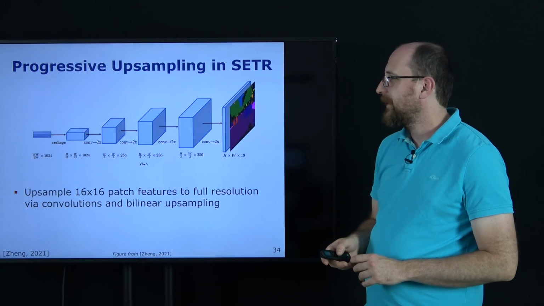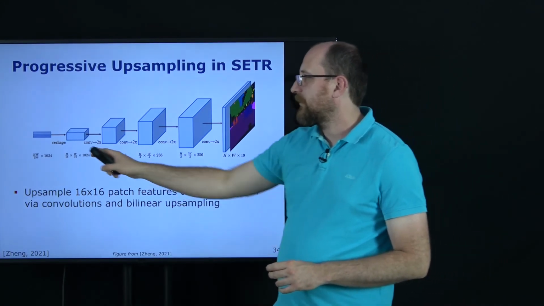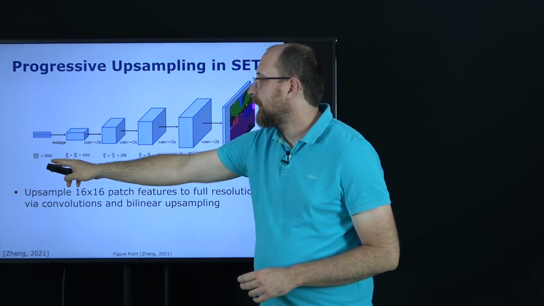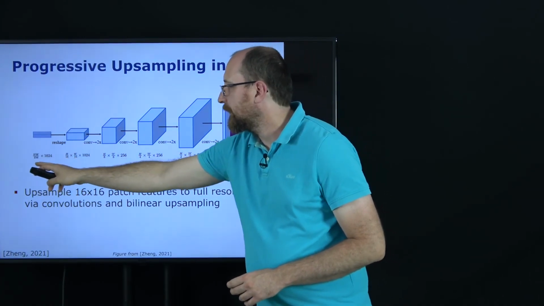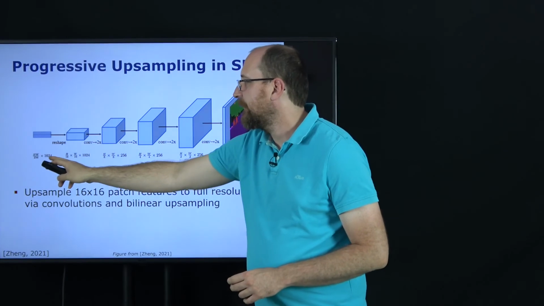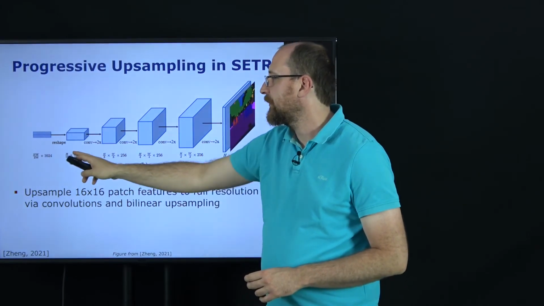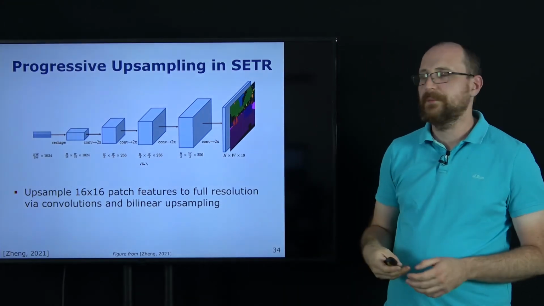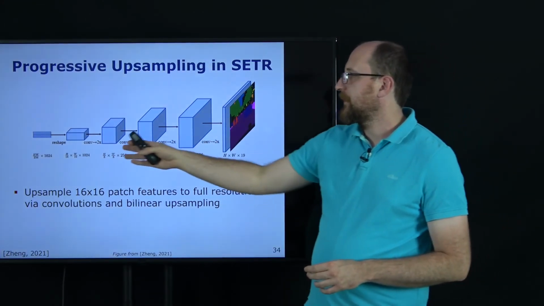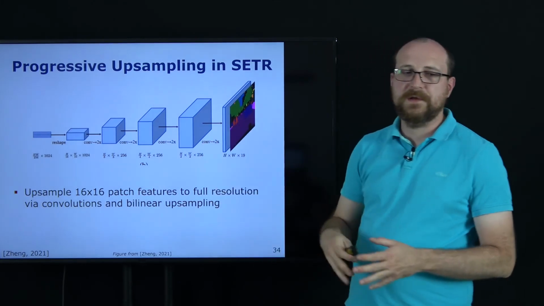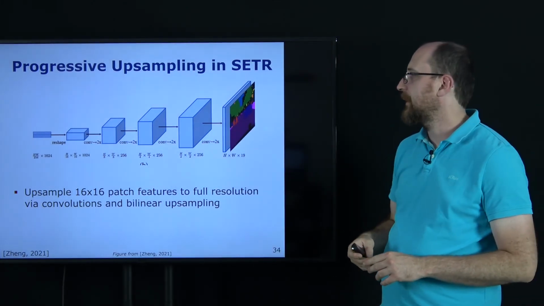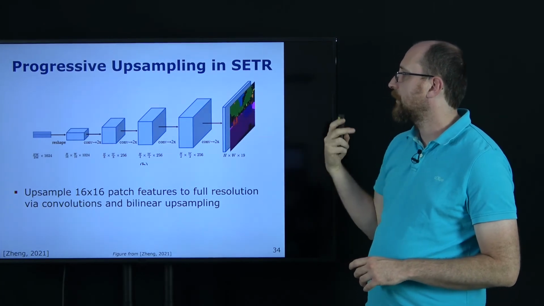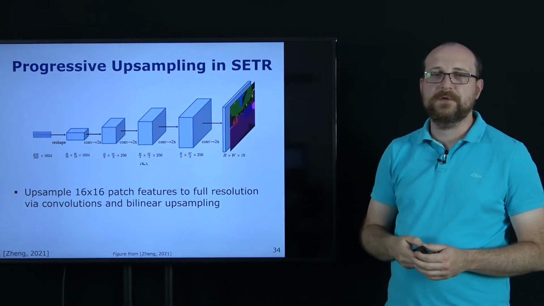The idea is to just reshape the embedding vectors again into patch features, so to say, and then use convolutions to upsample this. So we have convolutions and then bilinear interpolations to get the larger feature map size in the end. And then using this, we get the probability distribution for each pixel.